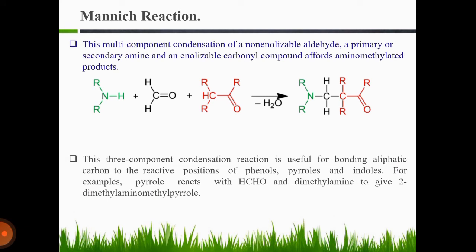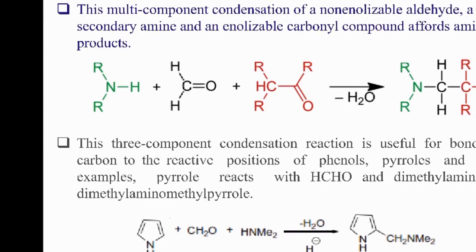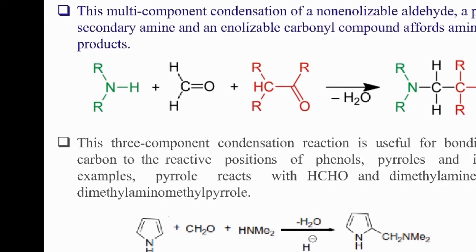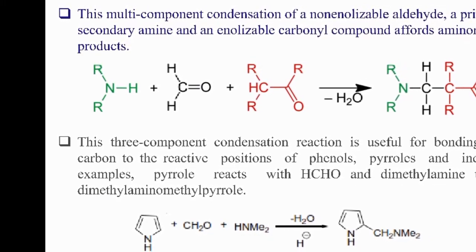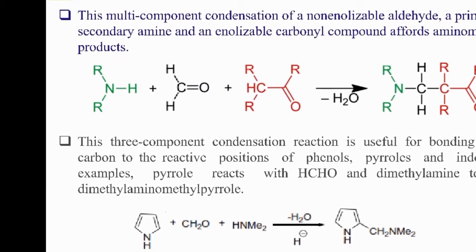Enolizable carbonyl compound means it is a Michael acceptor, and it affords an amino-methylated product. So Mannich reaction, you can say that it is a Michael addition reaction where the enamines are involved.